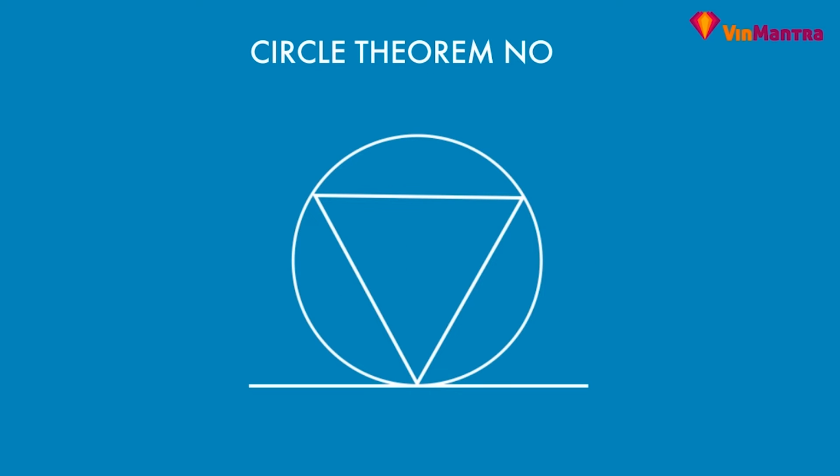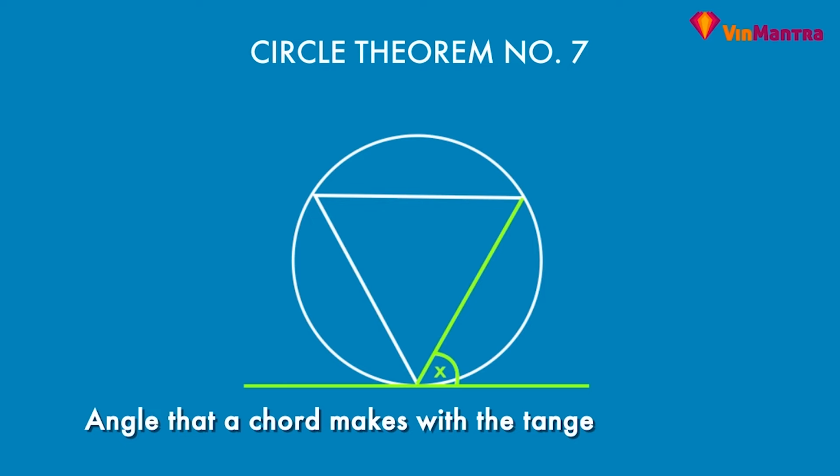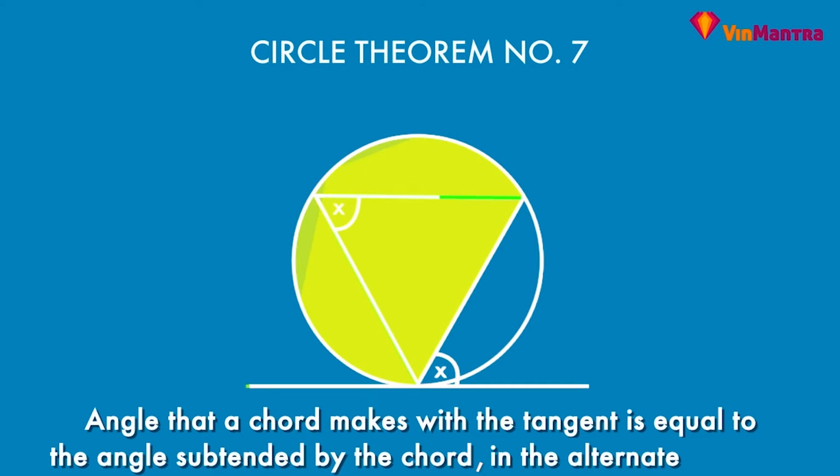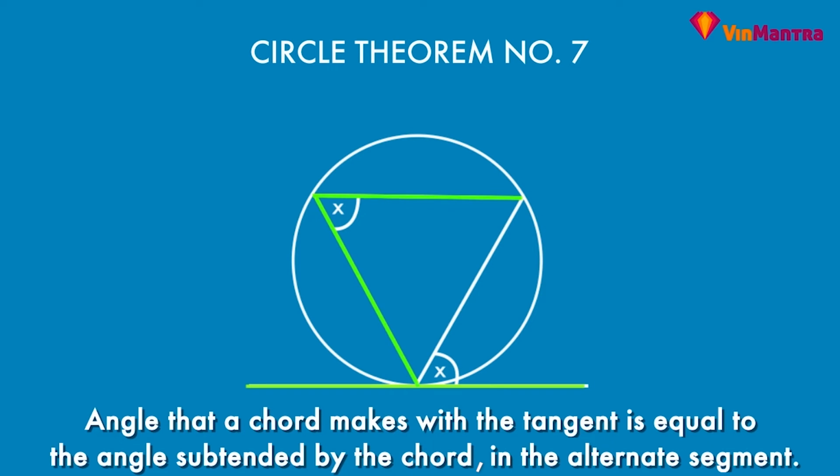The seventh circle theorem states that the angle that a chord makes with the tangent is equal to the angle subtended by the chord in the alternate segment.